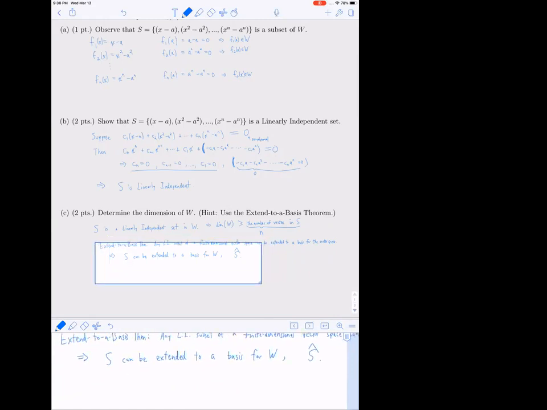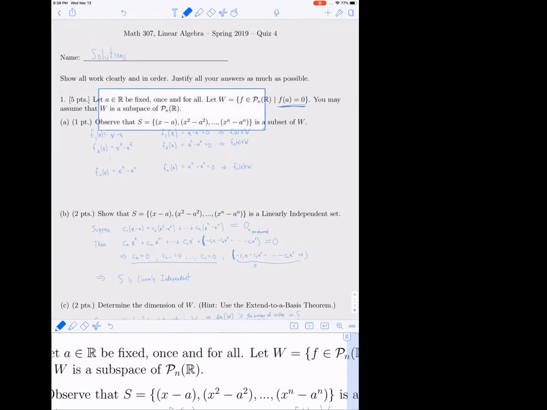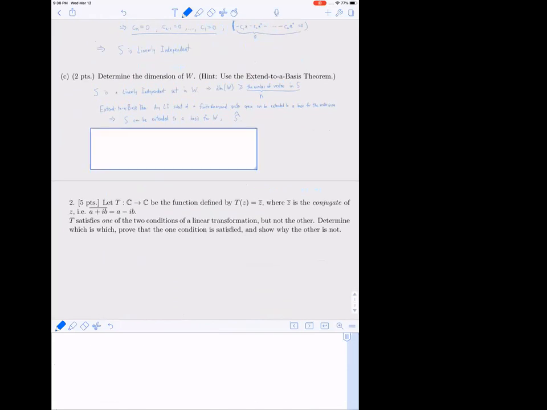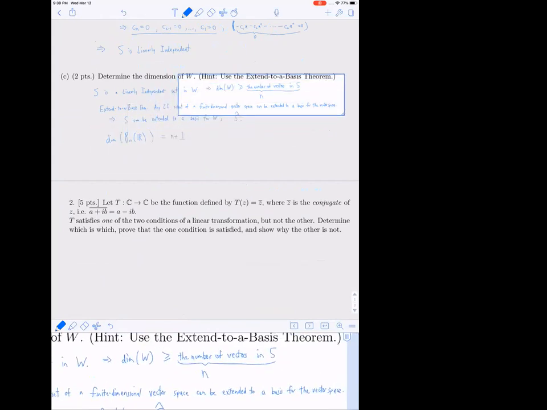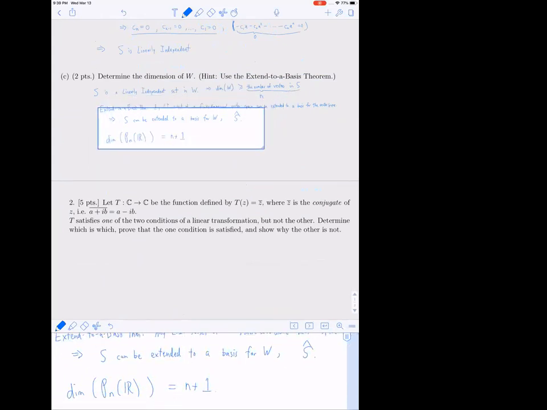But remember, W is a subspace of the vector space P sub n of R. And the dimension of that we know also, because we know a standard basis for that vector space. The dimension of P sub n of R is equal to n plus 1. So if we already have n vectors in S, the most vectors that could be in S hat would be n plus 1.